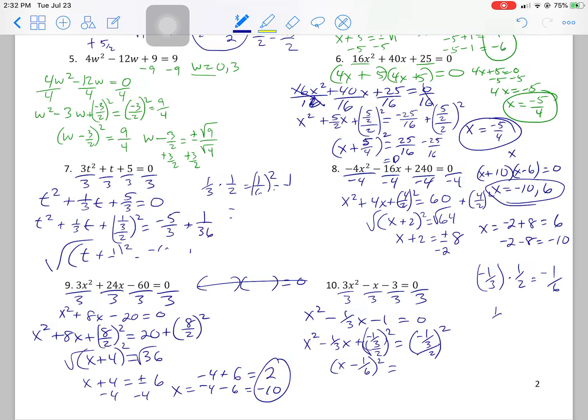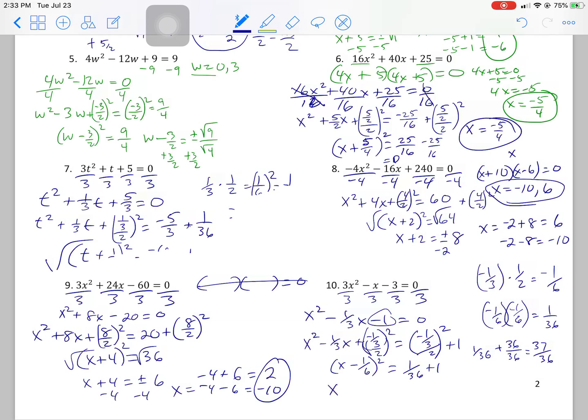Negative 1 over 6 squared is a positive 1/36. Oh, what happened to my 1? Plus 1. Remember, this had to be moved over. 1/36 plus 1 is the same thing as adding 36 over 36. So this is going to be 37 over 36.